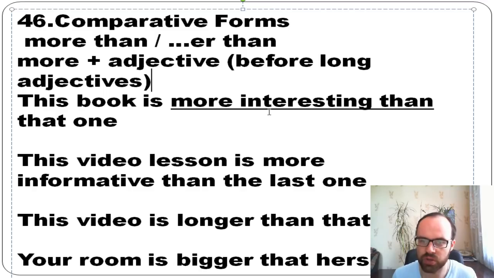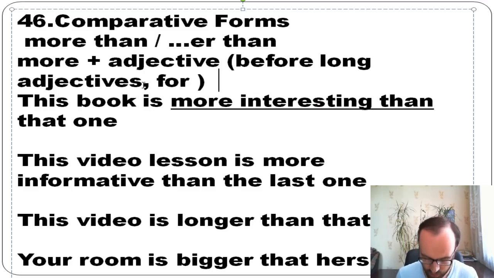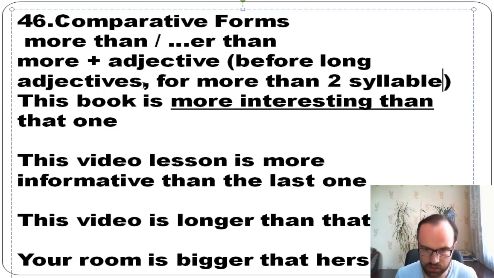Look, the book is more interesting. So interesting is a long adjective. It has more than 2 syllables. For example, long is 1 syllable.